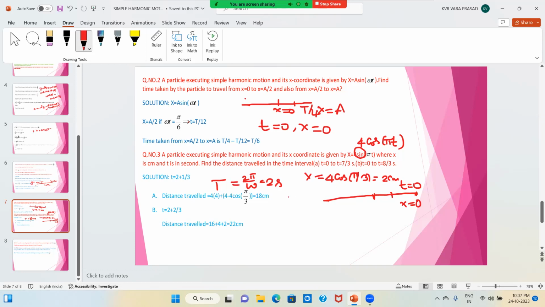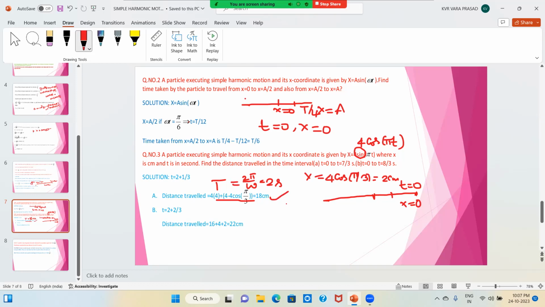So I am writing 4 minus 4 cos pi by 3, because 4 cos pi by 3 is the position coordinate. The distance traveled from the right extreme position up to that location is 4 minus 4 cos pi by 3. That is now 18.